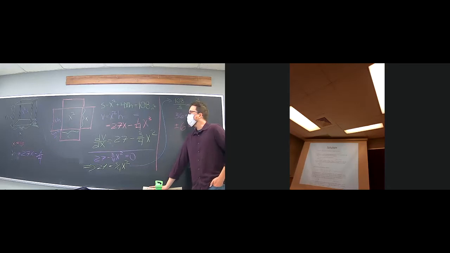And if we consider our system here, we weren't going to have a min. We had to have a max, right? Because what we could do is send x really close to 0 or send h really close to 0. But somewhere in between, we knew that the volume was going to have to be big.